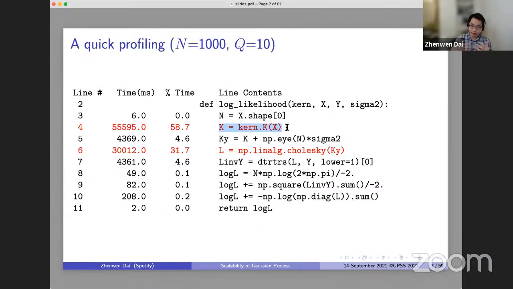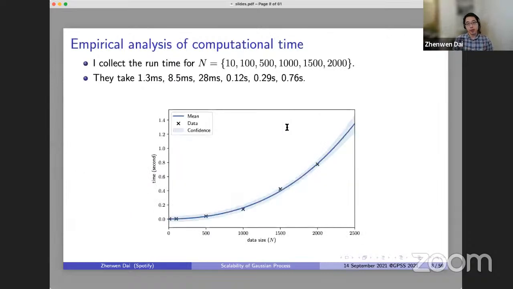Anyway, this is just to give an idea about how such a log likelihood calculation happens in code. And then we can do some further analysis based on our toy examples. Just based on the previous implementations, we can change the number of n data points involved, and profile how long it takes to calculate that function.